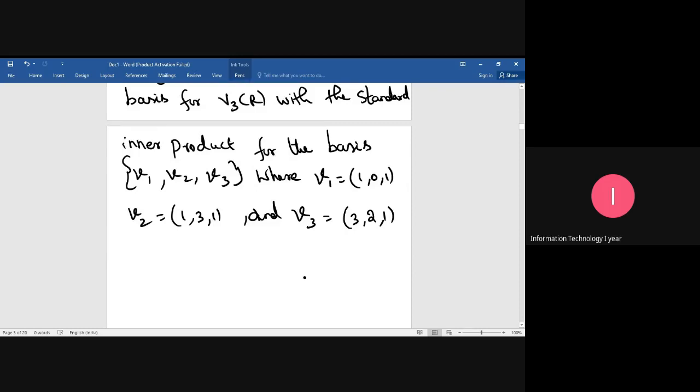R is a real number, with a standard inner product for the basis V1, V2, V3. It is 3 vectors actually given. So if 3 vectors are given, you find out W1, W2 and W3.